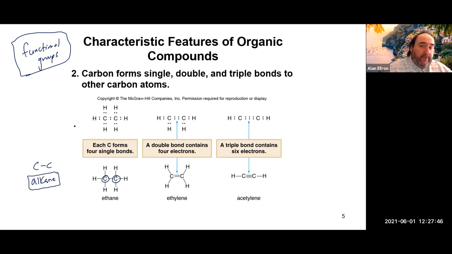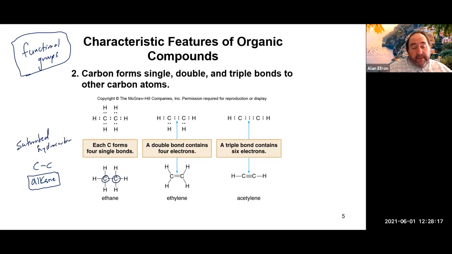Alkanes are really important because pretty much every organic compound that you come across that you name all goes back to the alkane name. So it's really the basis of how everything in organic chemistry is named, through the alkanes. And again, something that has all carbon-carbon single bonds is also sometimes referred to as a saturated hydrocarbon.